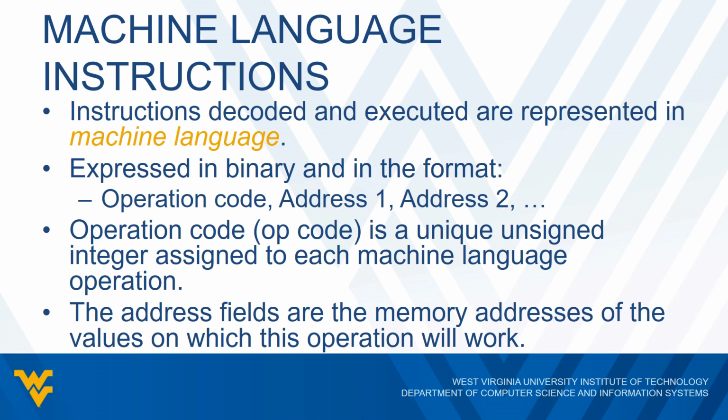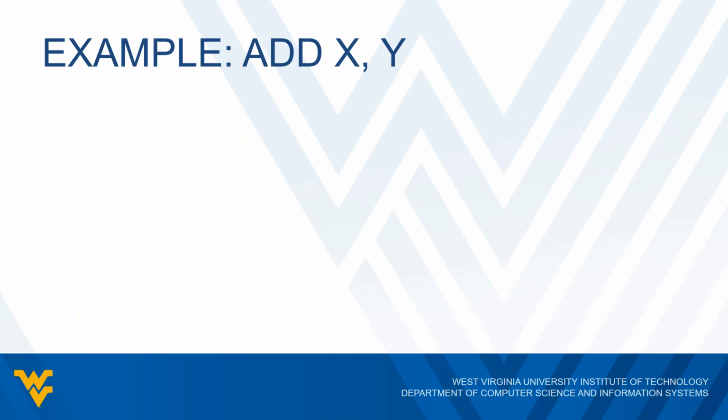So if our computer has a maximum of 2 to the n memory address cells, then each address field must be n bits wide to allow us to address every cell, because it takes n binary digits to represent all addresses in the range of 0 to 2 to the n minus 1. The number of address fields in an instruction usually ranges from 0 to 3, depending on what the operation is and how many operands we need in order to do that operation.